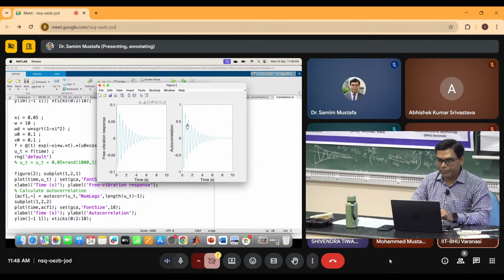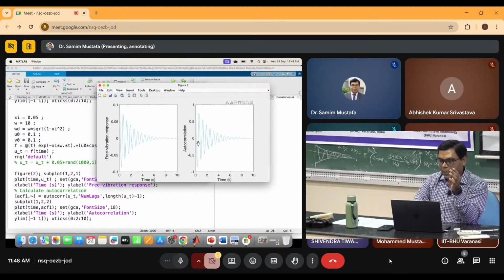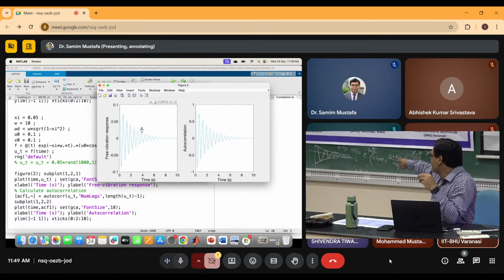The left side plots. And if you calculate the autocorrelation, you see the same kind of trend, because all the points are correlated with each other. This is a function generated with e to the power minus xi omega n t, so they are all correlated.